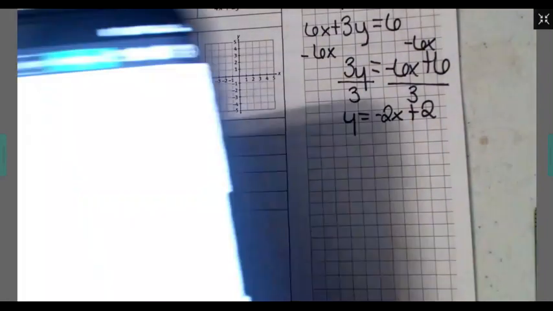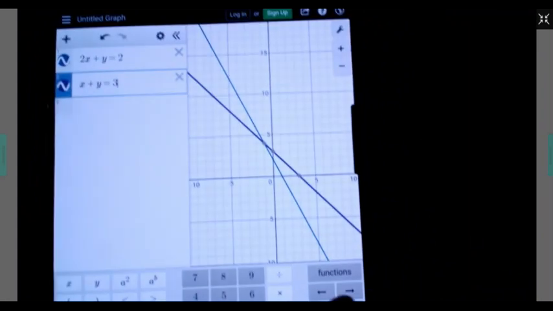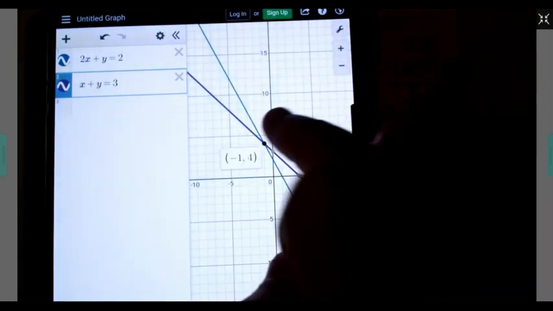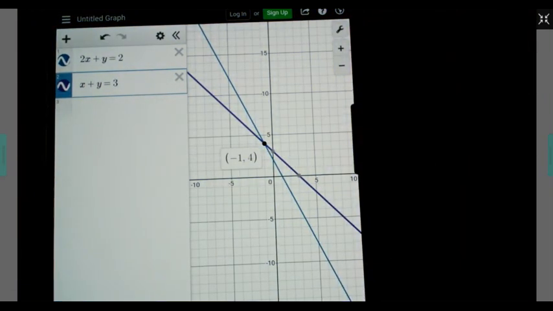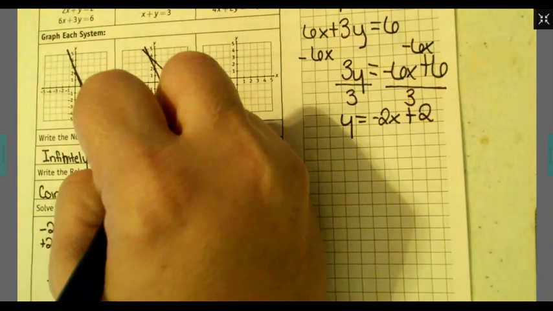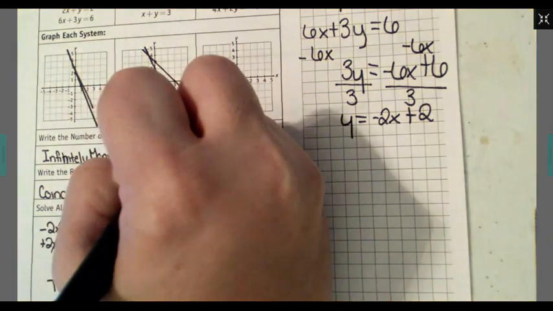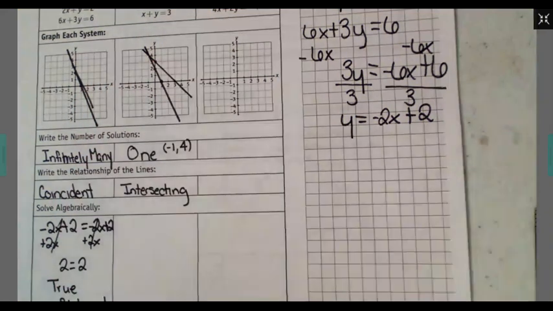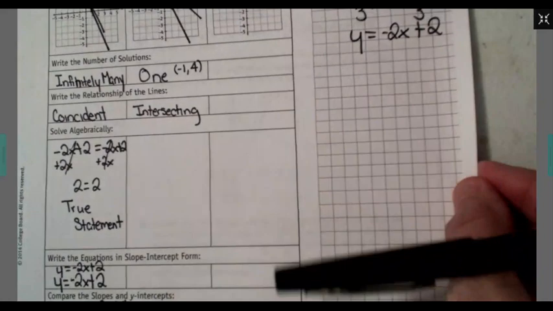If I go back over to my picture, it's telling me that my solution's at negative 1, 4. So we should have a solution at negative 1, 4. We'll check that out in just a second, right here where it asks us to solve this algebraically.